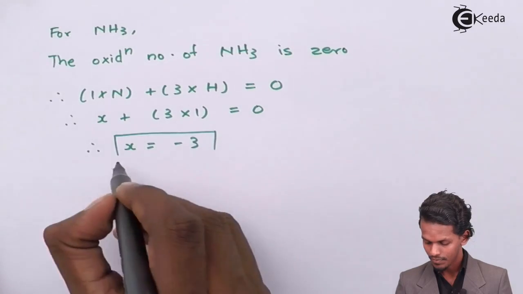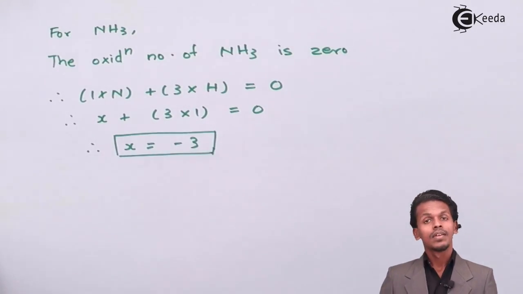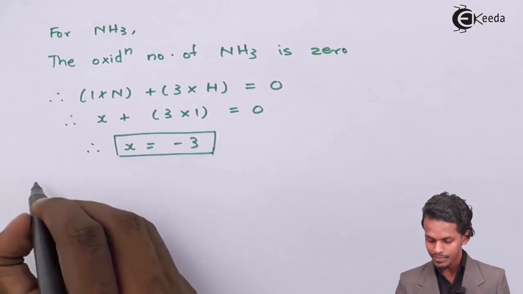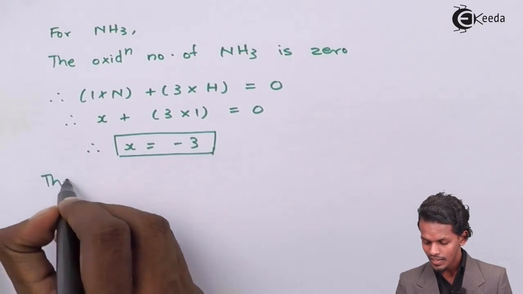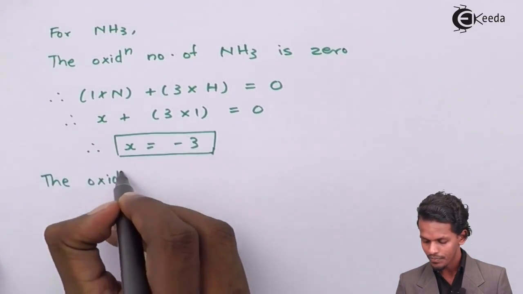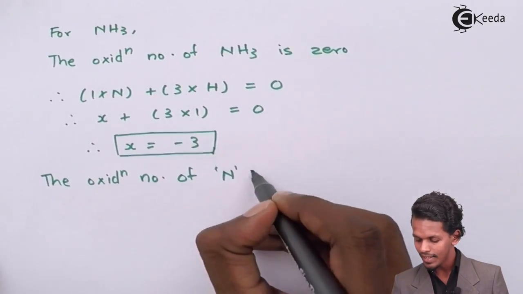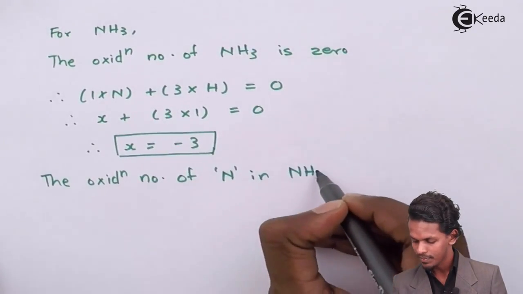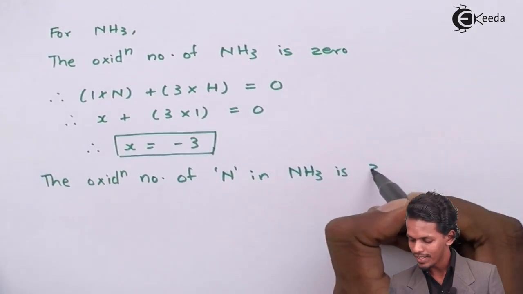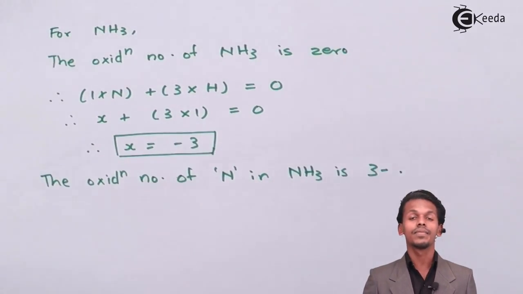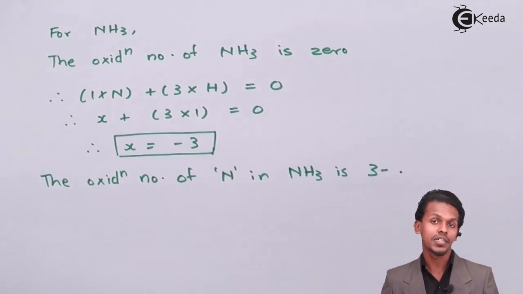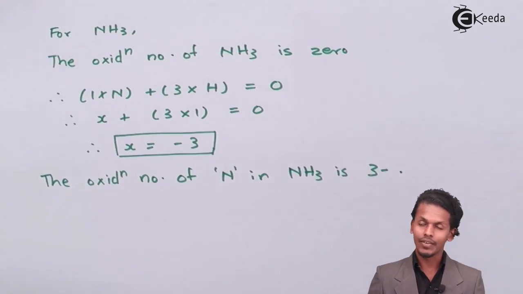So I could write that the oxidation number of nitrogen in NH3 is 3 minus. This is the first product's oxidation state of nitrogen that we have calculated.